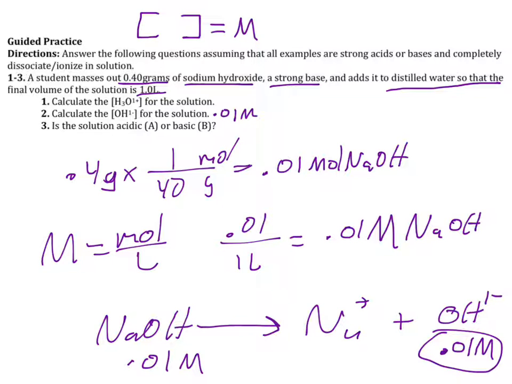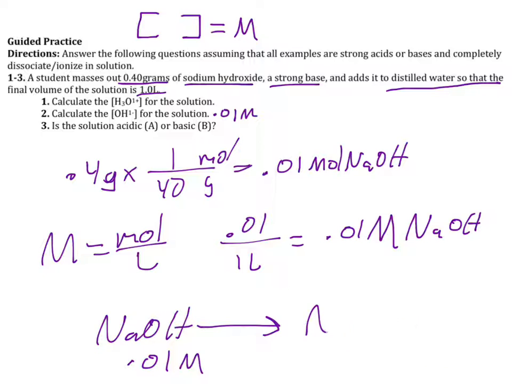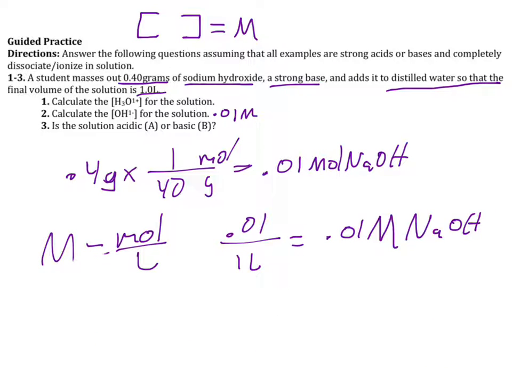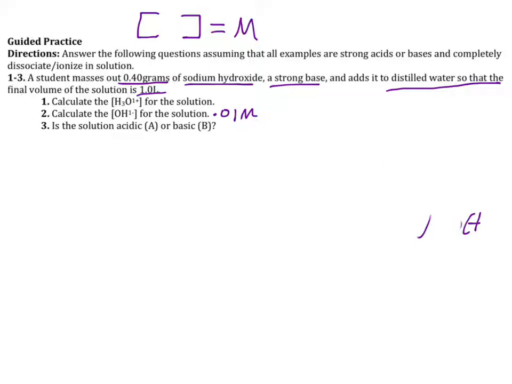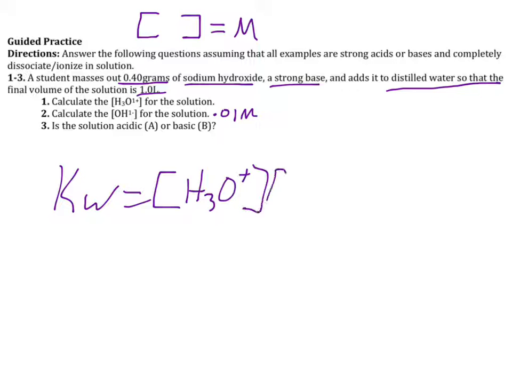Now, let's go ahead and we should be able to answer number 1 now. The way we're able to answer number 1 is by using the Kw equation, because Kw is equal to the concentration or the molarity of the H3O plus multiplied by the concentration or the molarity of the hydroxide.